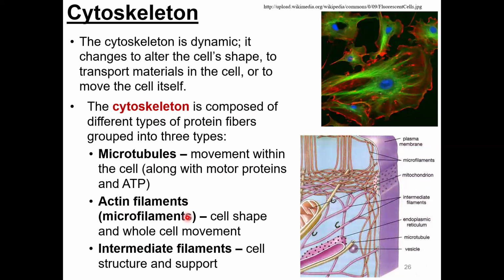So microtubules are movement within the cell, like components within the cell, and then actin is the whole cell moving places. And with intermediate filaments, what we see is cell structure and support. Those are the primary functions, where it keeps that shape itself.